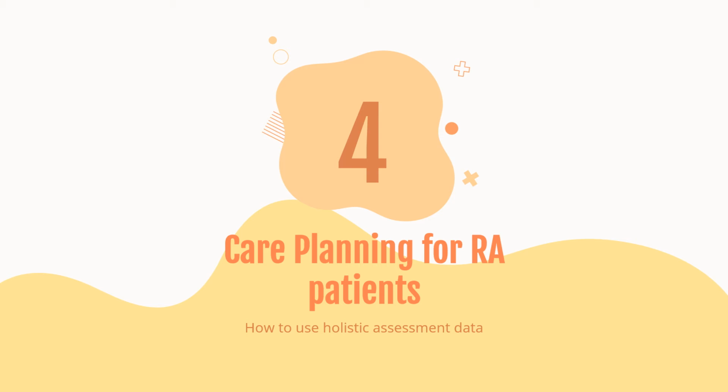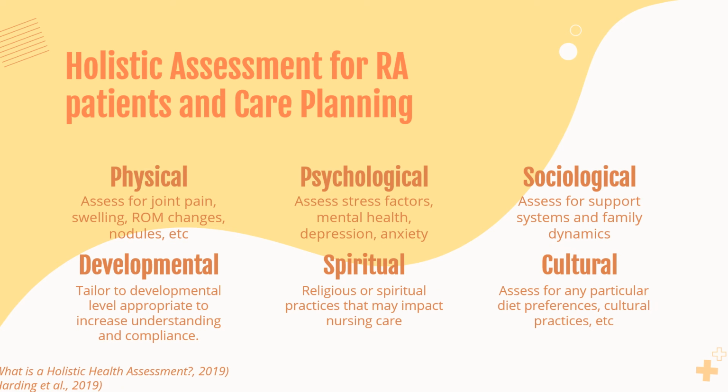Care planning for rheumatoid arthritis patients and how to use your holistic assessment data. Holistic assessments for rheumatoid arthritis patients should include a physical assessment where you should assess for joint pain, swelling, range of motion changes, and physical deformities such as nodules.